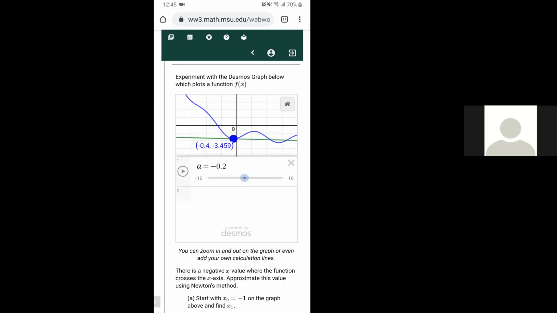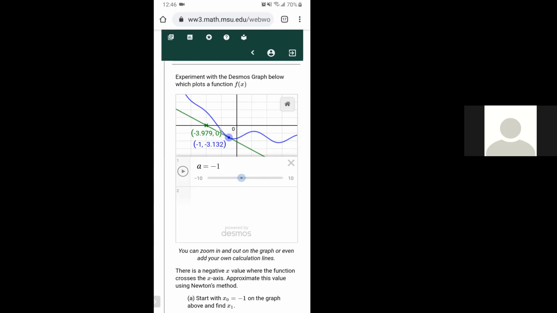You can move along the line, and to find a tangent line, you just need to make sure that the x coordinate is -1. So the blue point is the one you start with. The green point will be the next one.